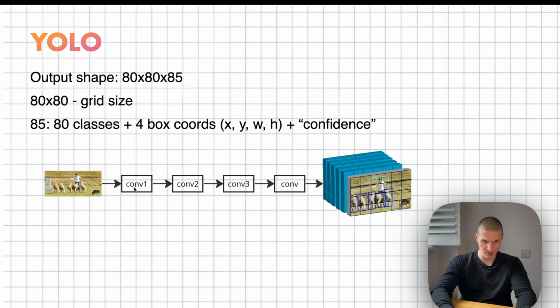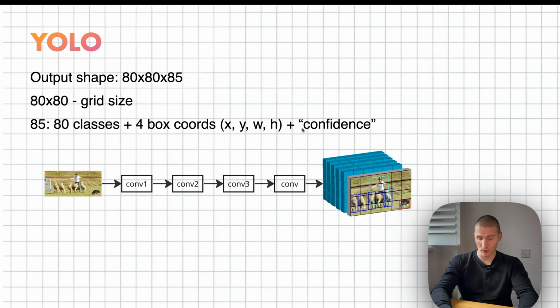So we start with an image, we pass that through a bunch of convolutions, and then we have this cube of outputs where we have a certain grid on top of an image, and YOLO v5 uses an 80 by 80 grid. And then each cell within the grid has 85 outputs itself. So 80 for just the classes, so one-hot probabilities for classes of all the objects. Then 4 coordinates for the bounding box.